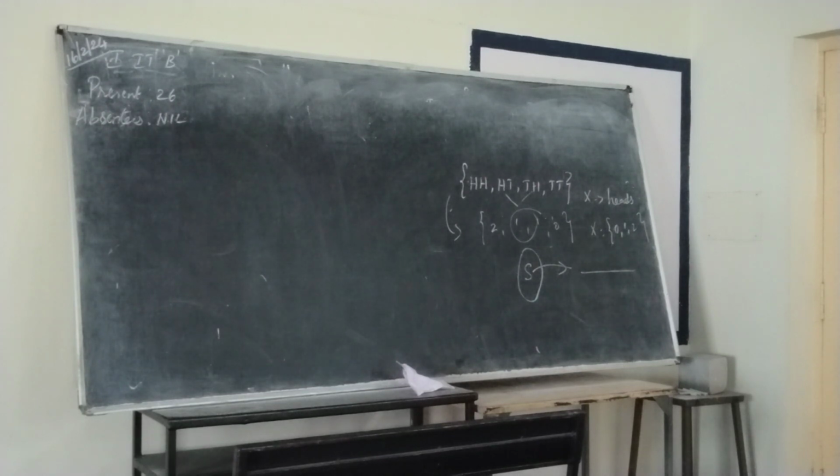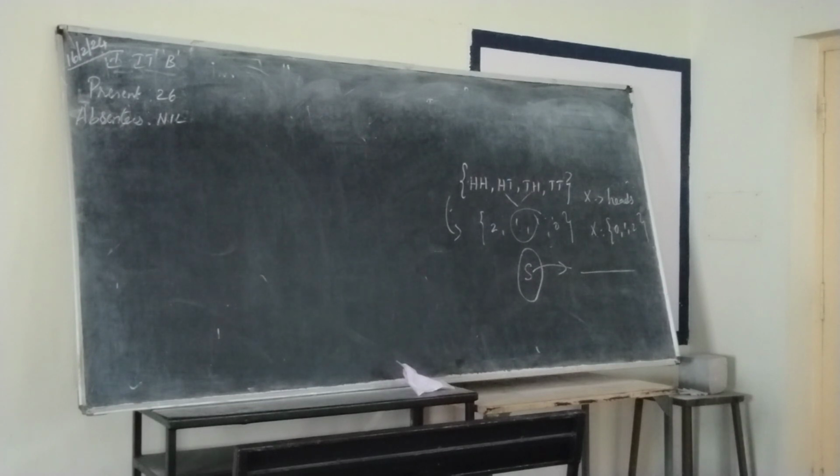Okay, so take down. Next topic, random variable. A random variable should be written in capital letter. Whenever we say random variable, it should be written only in capital letter.